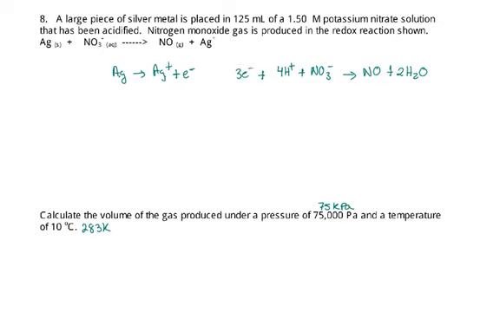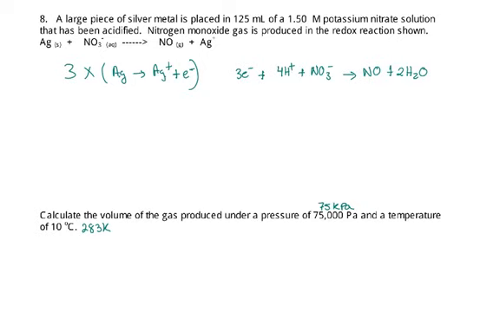Next step is, if necessary, you want to multiply one or both half reactions by an integer so that your electrons are equal to each other. And so here we have 1 electron, here we have 3 electrons. The electrons lost need to equal the electrons gained, and so we need to multiply this side by 3.